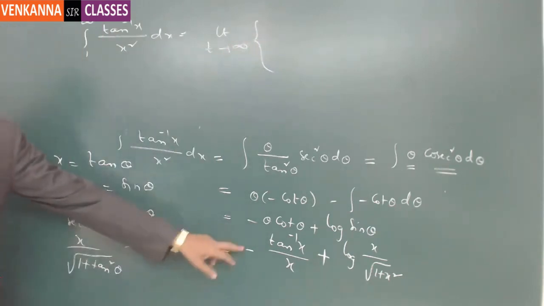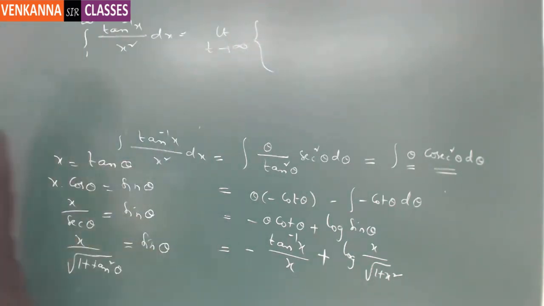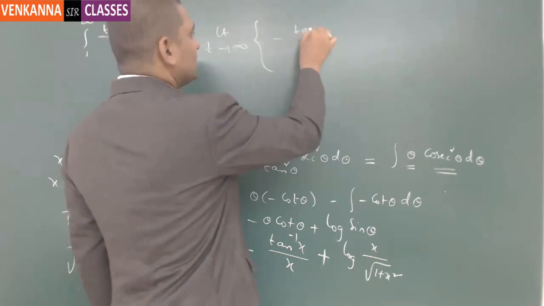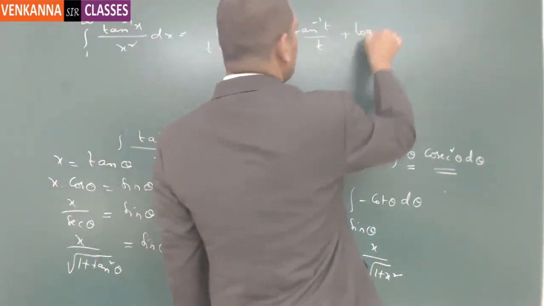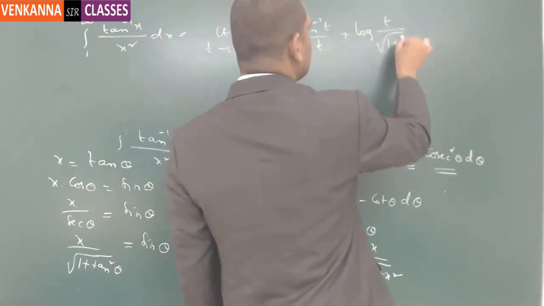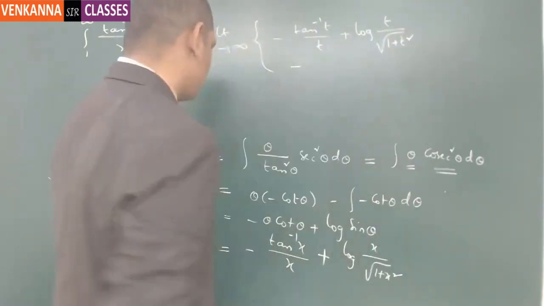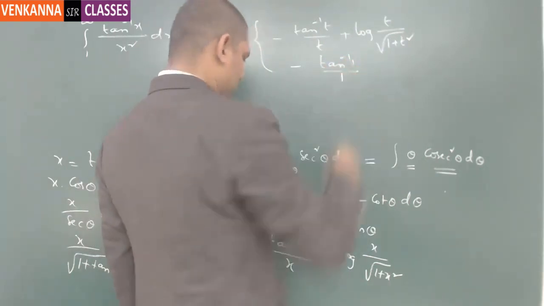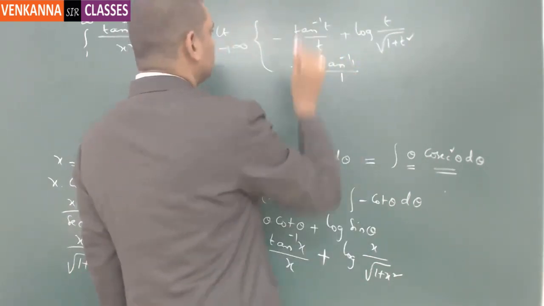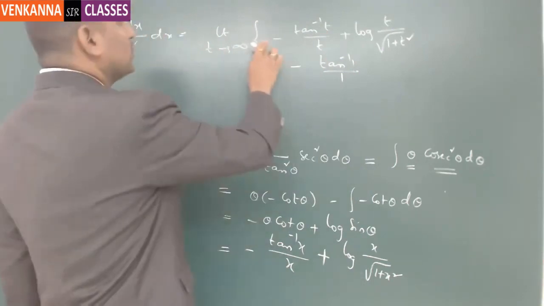For this part you are applying upper limit minus lower limit. So minus tan inverse t by t plus log t by root of 1 plus t square minus tan inverse 1 by 1, or you can take minus outside.